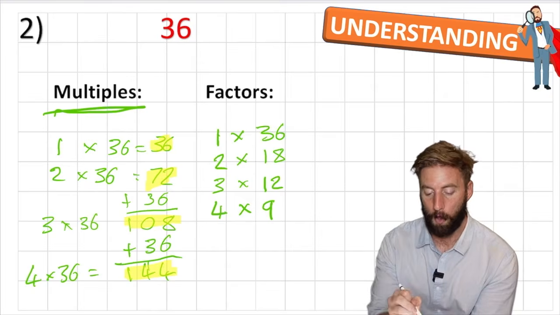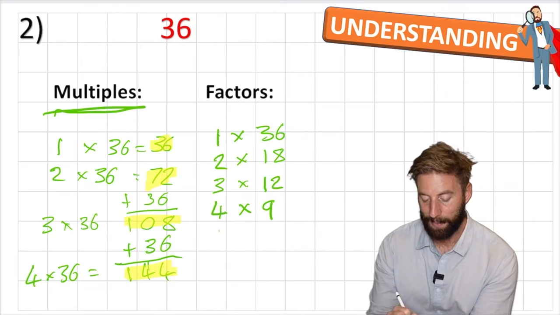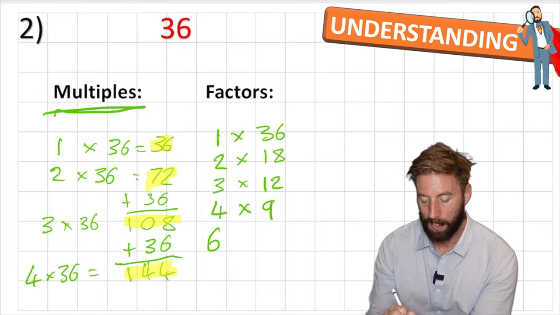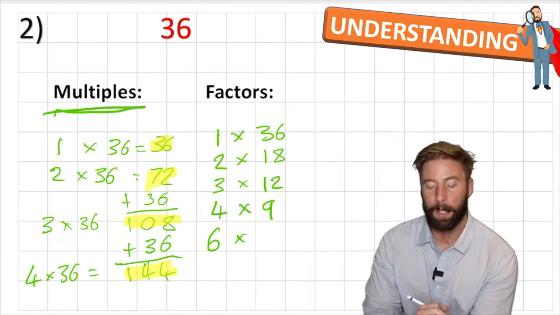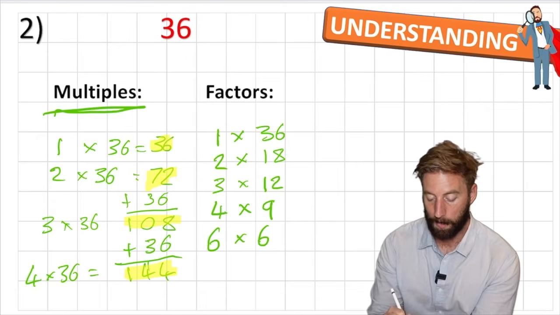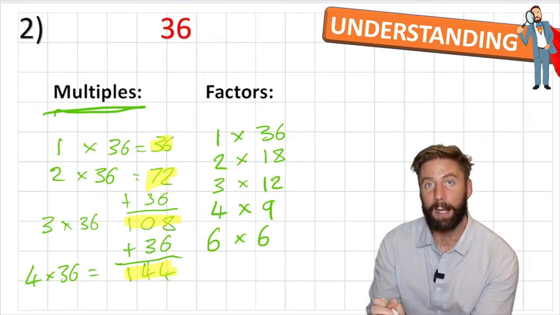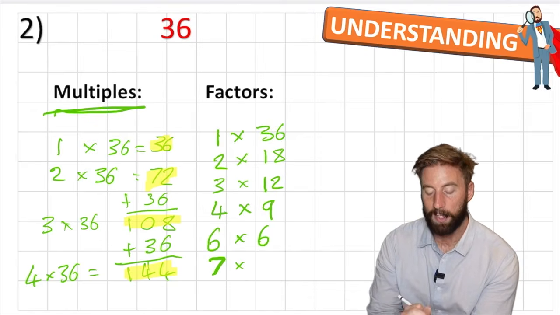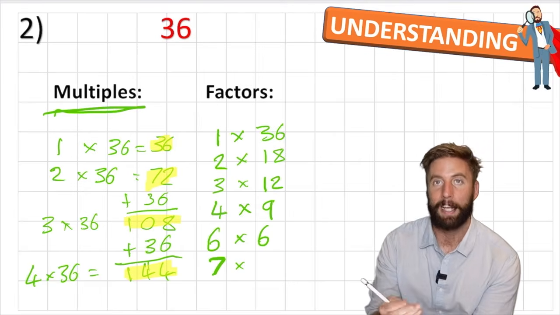Okay, let's move on though. So let's check 6, because remember, just because it didn't work with 5 doesn't mean that's the end of it. So 6. Is there anything that I can times 6 by to get to 36? Well, yeah, I can times 6 by itself, 6. 6 times 6 is 36. Okay, let's check 7. 7 times something equals 36. 7, 14, 21, 28, 35.